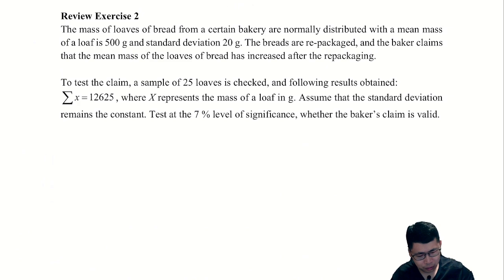We'll take note of this very first detail, normally distributed, which is very nice. The mean mass of a loaf is given, with standard deviation 20 grams. The breads are repackaged and the baker claims that the mean mass of the loaf of bread has increased after the repackaging. This is the claim, which we'll process later.